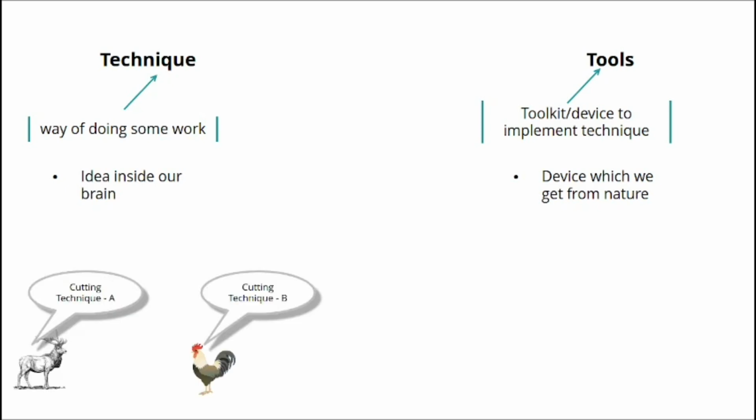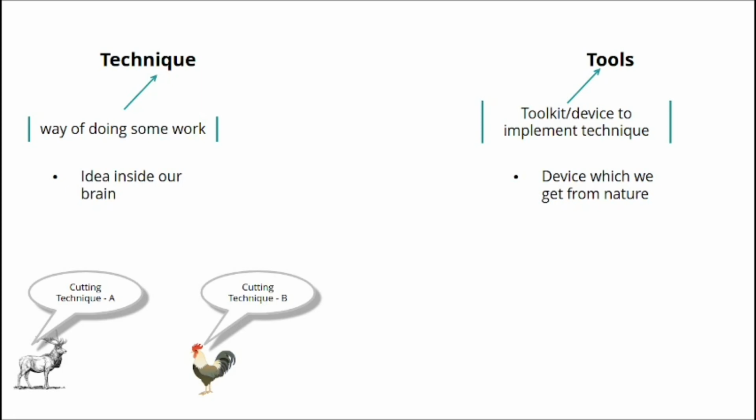So whenever our ancestors went into the jungle and hunted animals for food, okay? Suppose they hunt two animals, a deer and a hen. The cutting technique for a deer is different from the cutting technique for a hen, okay?